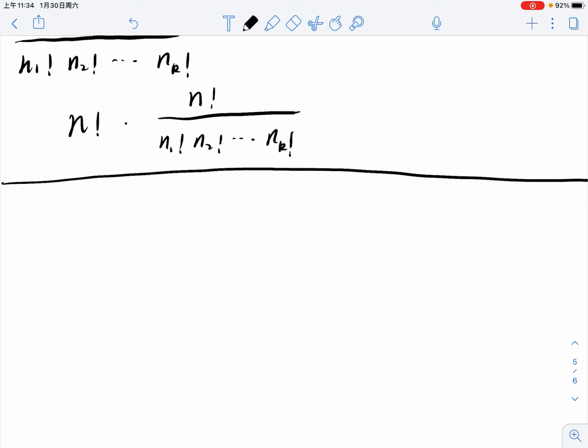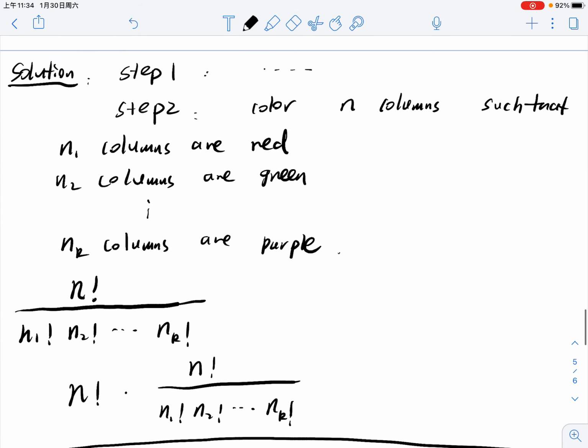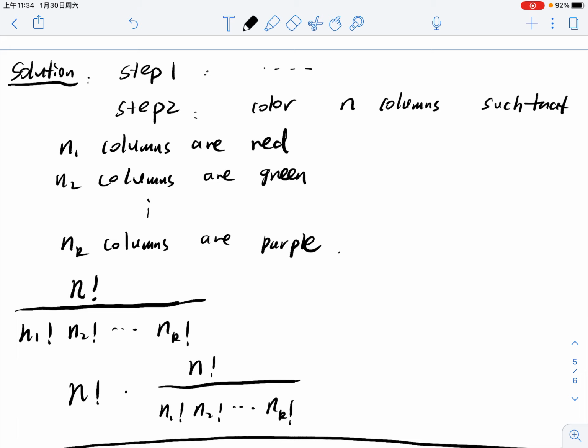Okay, so as a simple conclusion for this section, you should be sensitive to this formula. When do you have this formula?